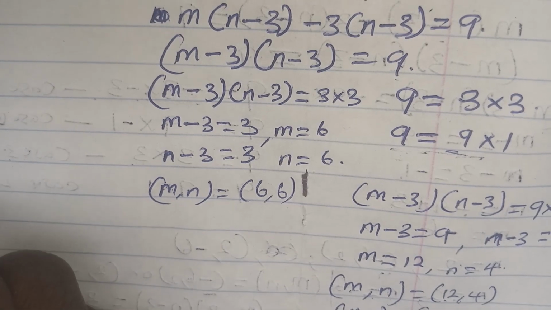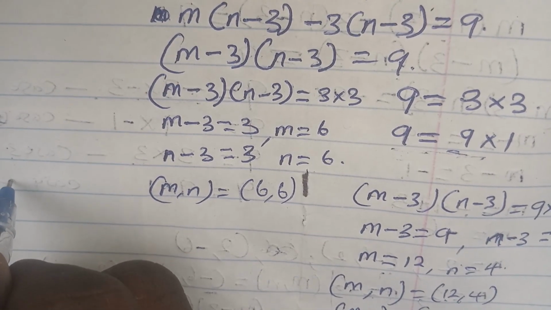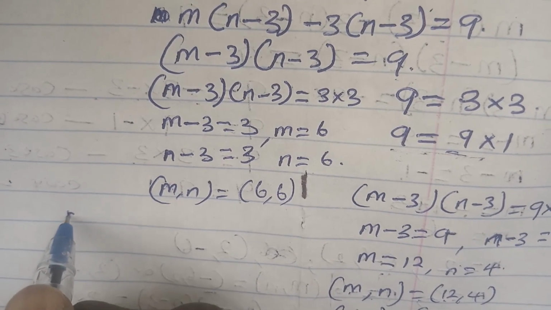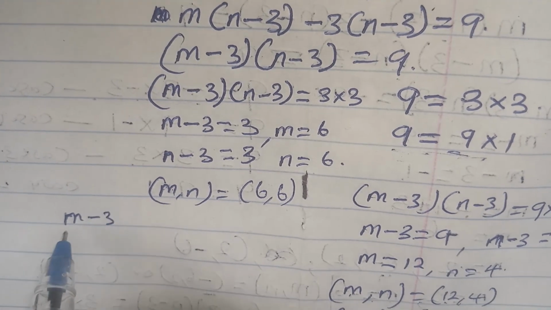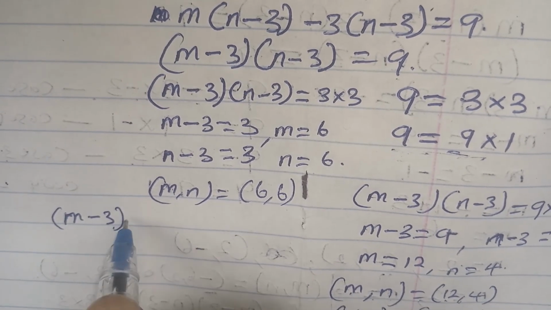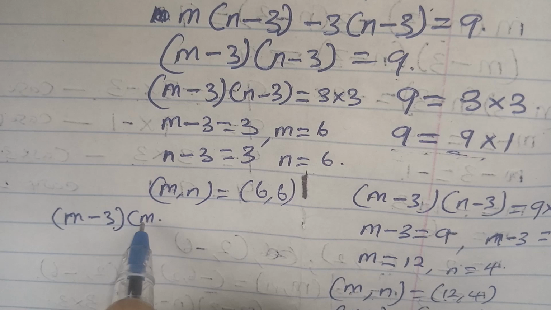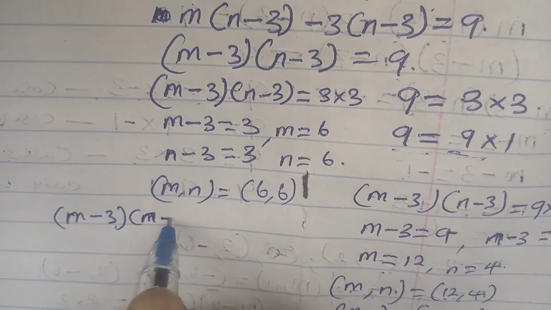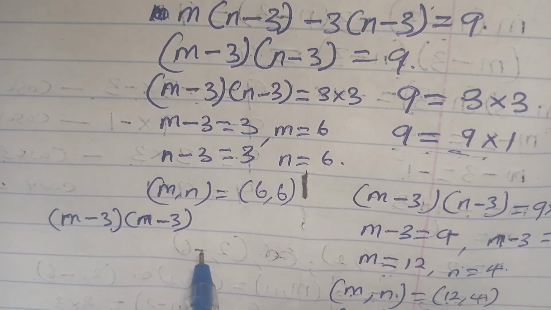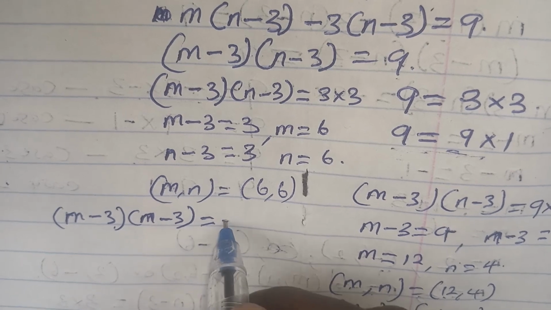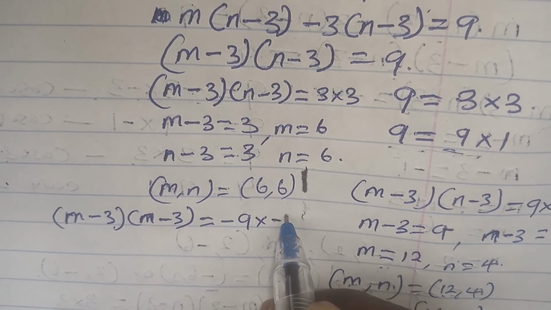So we can say m minus 3 times n minus 3 is equal to 9, and 9 is also equal to minus 9 times minus 1.